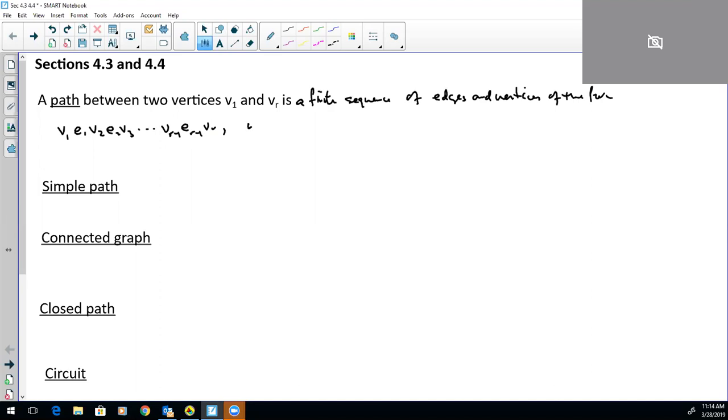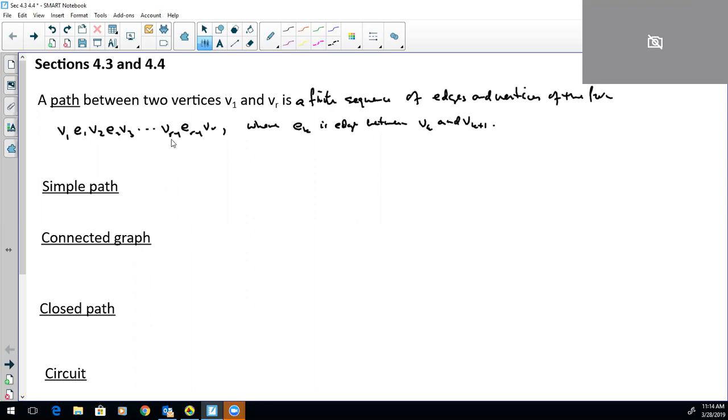Where when we write something like E sub k, it's the edge between vertex k and vertex k plus 1. Now the book has a misprint here. They have some problems with their subscripts there.